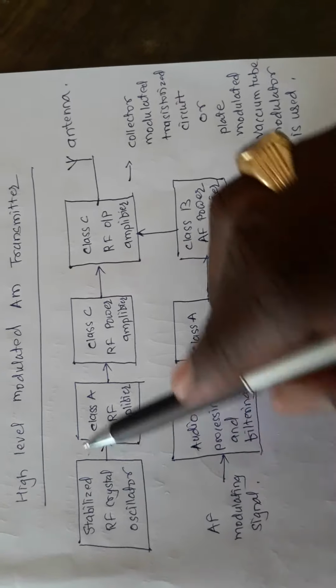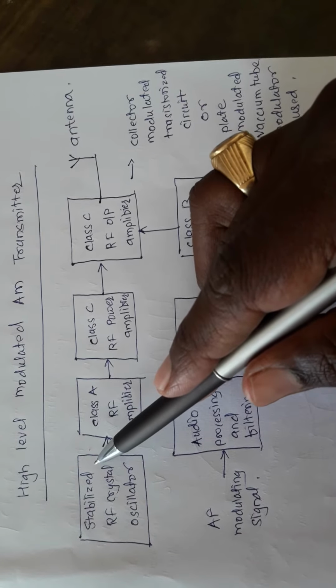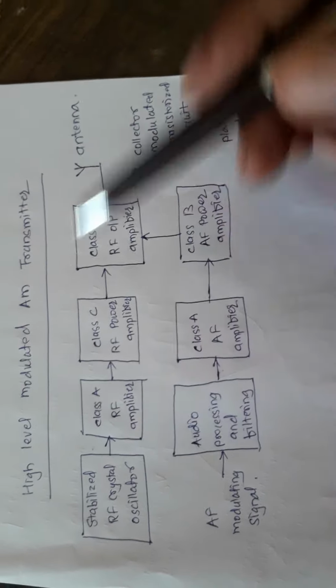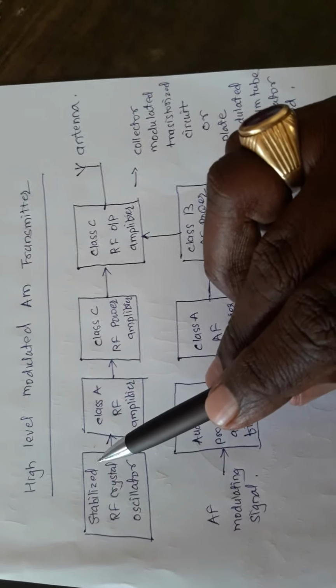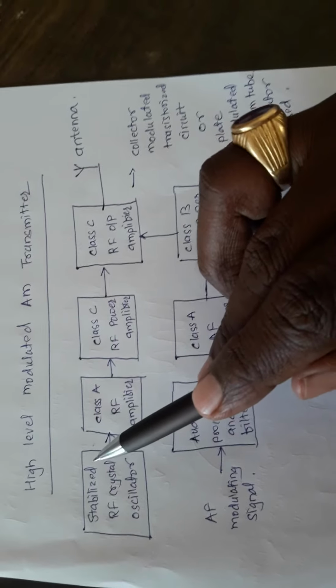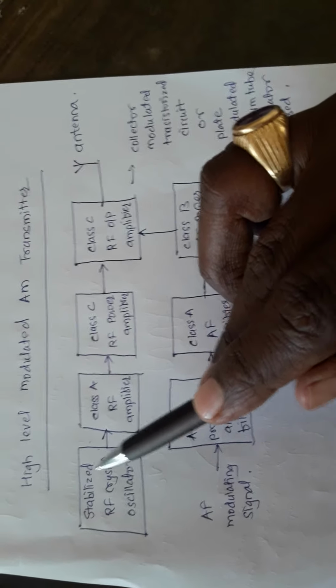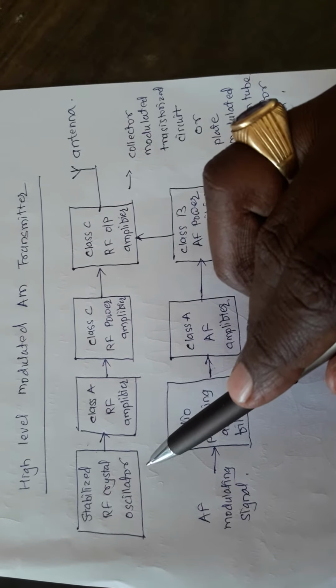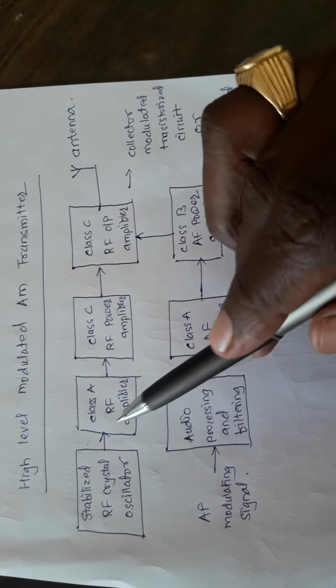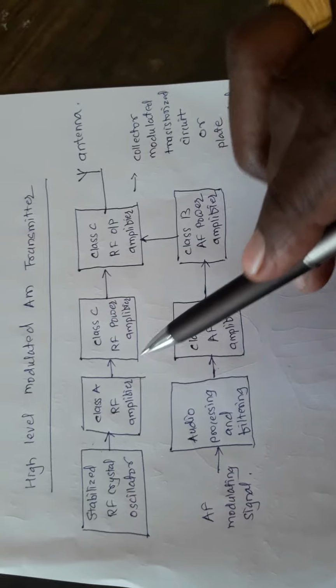What is the function of the stabilization? We need a stable frequency at the output side, so for making the frequency stable we use a stabilized RF crystal oscillator, which generates a very stable carrier frequency.